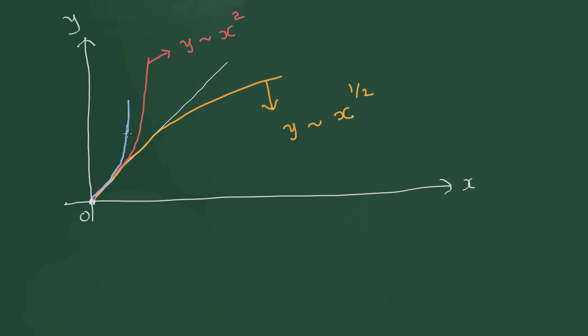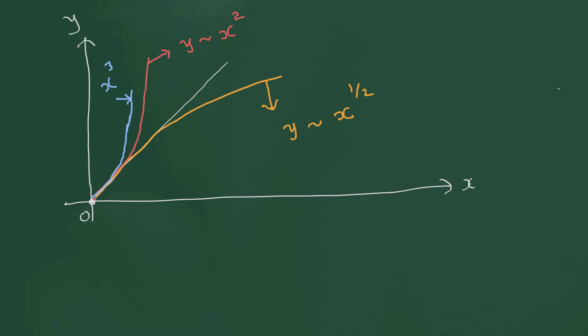So I am deviating more and then going like this. The deviation is slightly away from x square. Then we say that it is x to the power of 3.